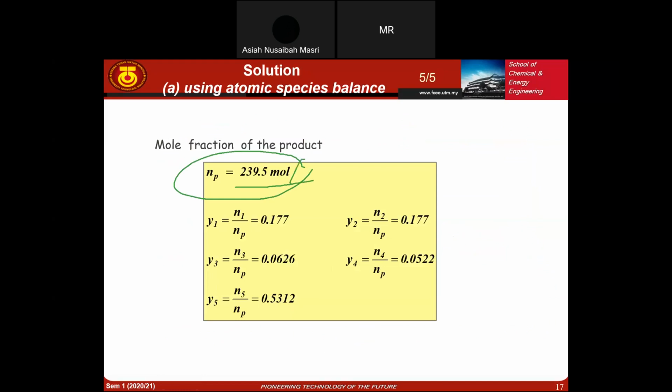Then we can find the mole fraction of each product. Y1 will represent the mole fraction for Cl2, so YCl2 equals N1 over N product. N product we got from here, and N1 we solved previously, so you get 0.177. We do the same for all, so we get the mole fraction of all products.